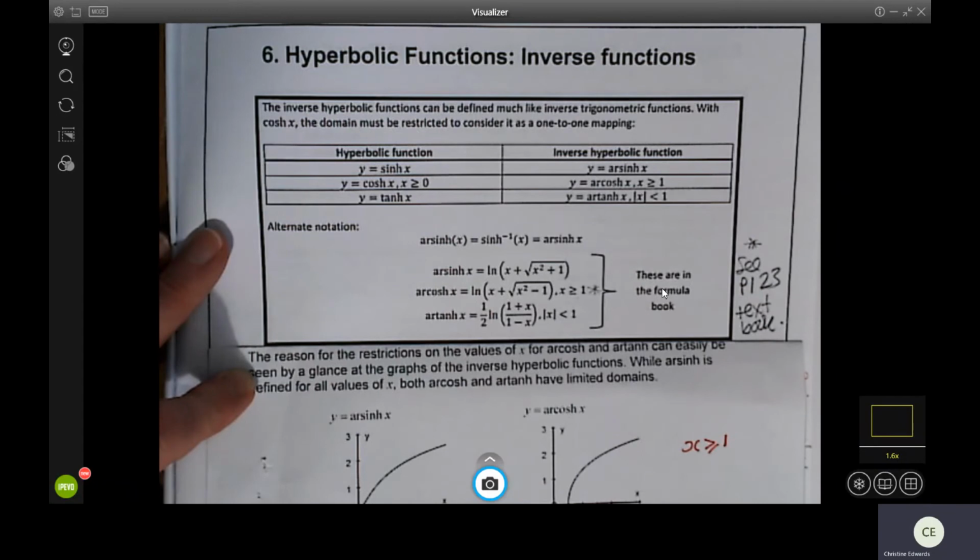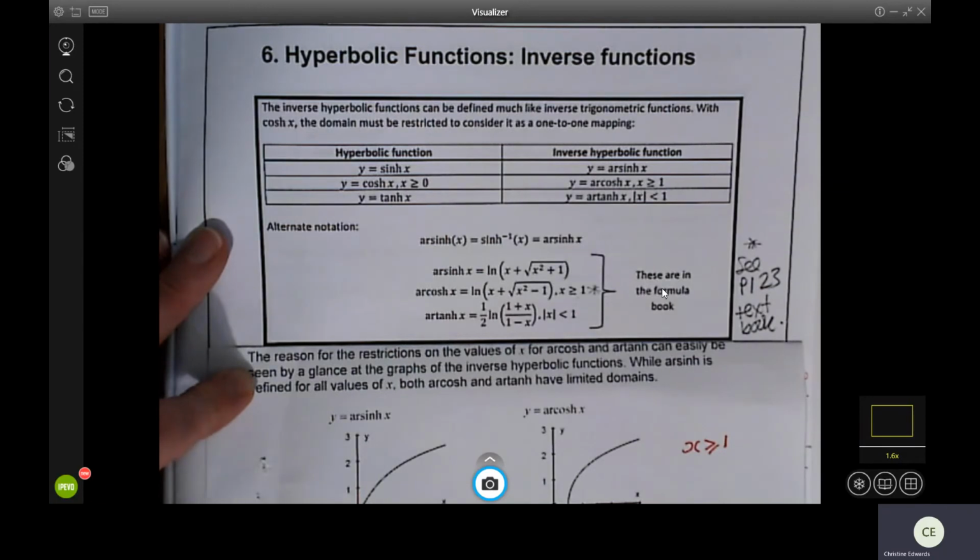Notice that there is no c between the ar and the sinh, cosh and tanh. So these inverse functions can be defined in terms of logarithms and are found in the formula book, and you can use them directly in questions straight from the formula book.